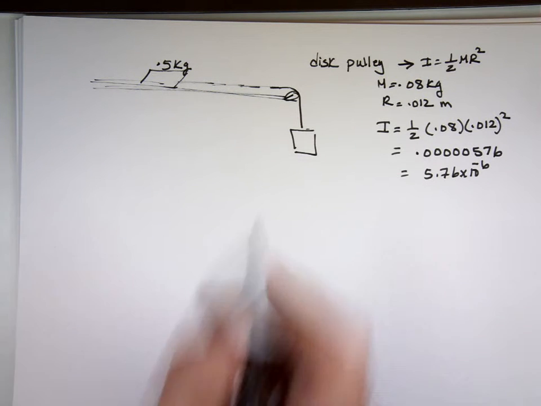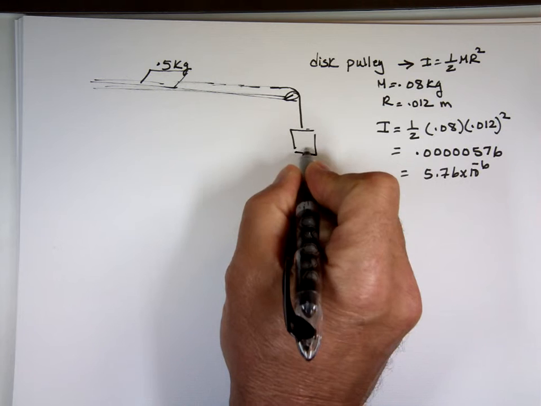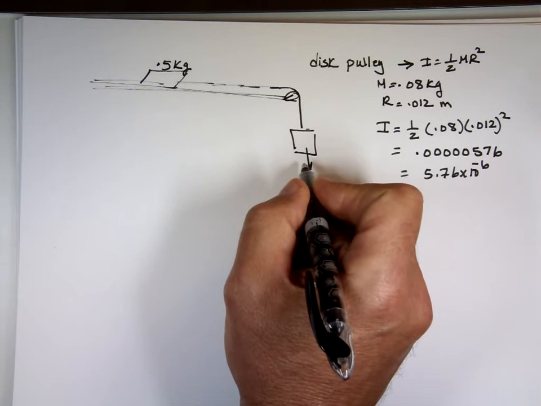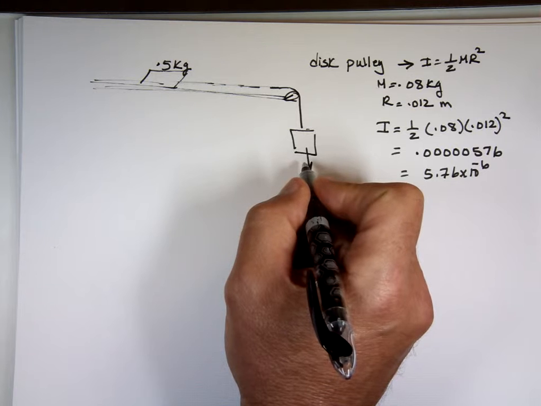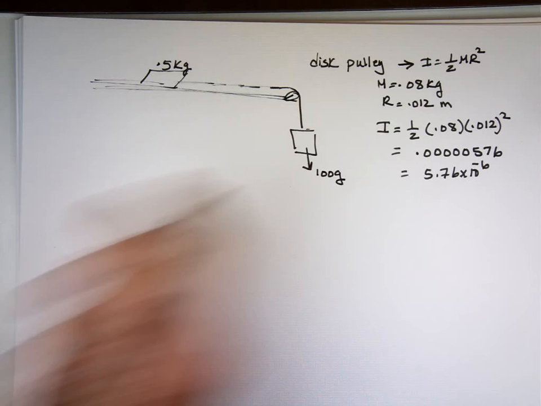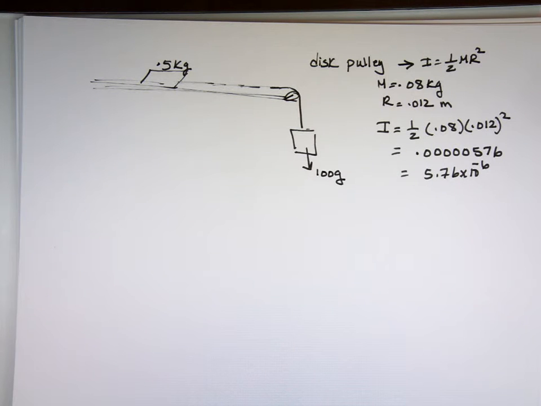So we took a little weight here, let's say 100 grams. That's a lot. We used to hang 10 grams. We'll put 100 grams on this end and watch it slide.